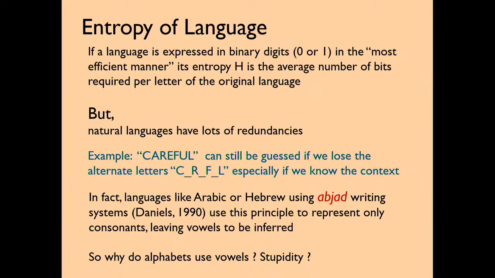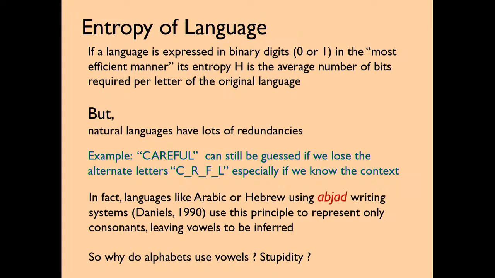So if your language is expressed in just zeros or ones in the most efficient manner, then its entropy is going to be the average number of bits that you require per letter of the original language. That means that if you have 26 letters in your original language, then how many yes/no questions do you need to say what letter is that?